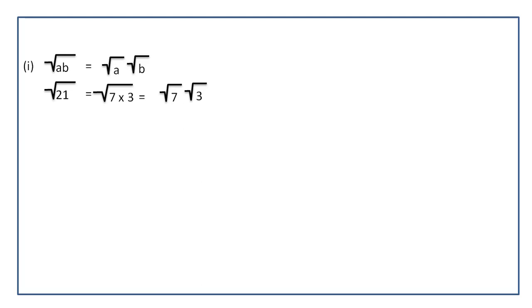So the formula is square root of AB can be written as square root A times square root B. Next formula, square root of A by B is equal to square root of A divided by square root of B. Examples shown here.